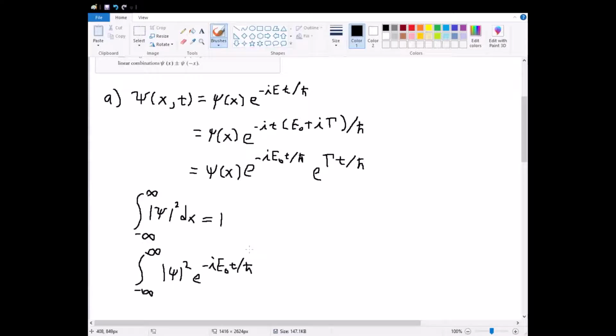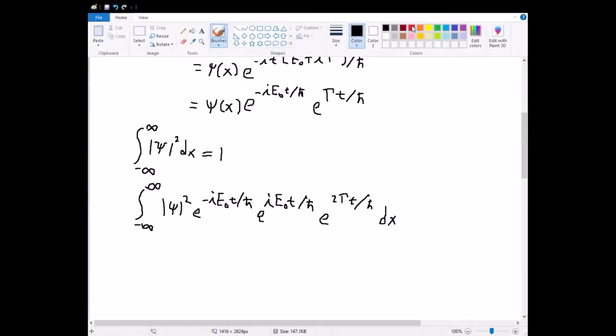Then we take the magnitude squared of this second term, so we multiply by a positive version, e to the positive I E naught t over h bar. Finally, the third term does not have an imaginary part, so we don't need the conjugate and it just becomes this thing squared, or e to the 2 tau times time divided by h bar, all with respect to dx.